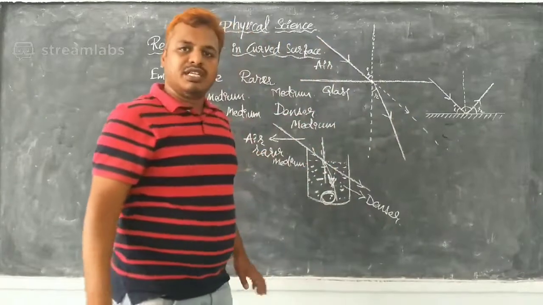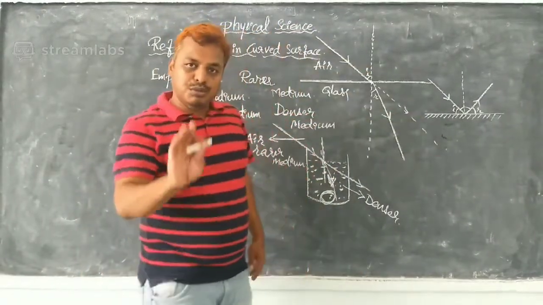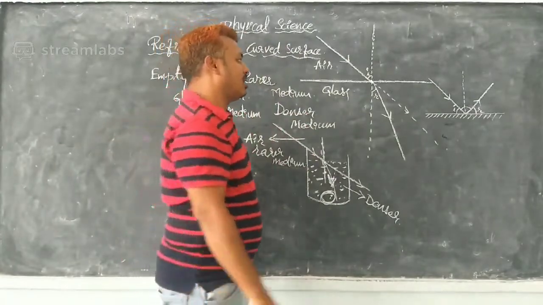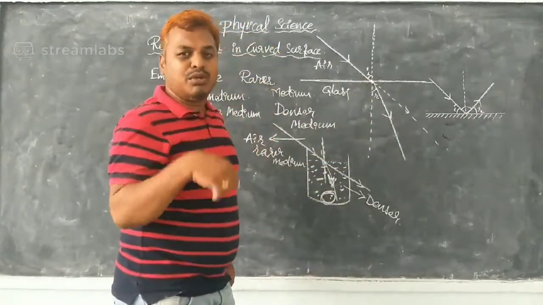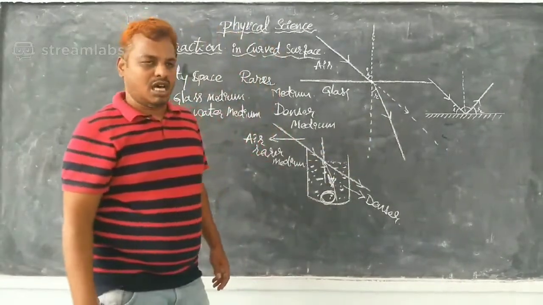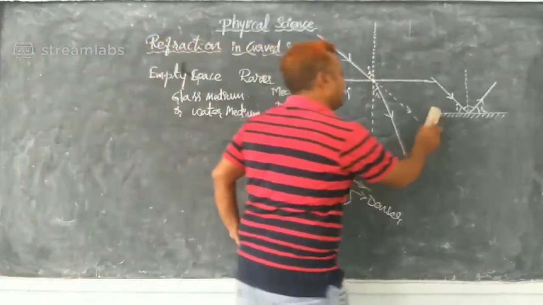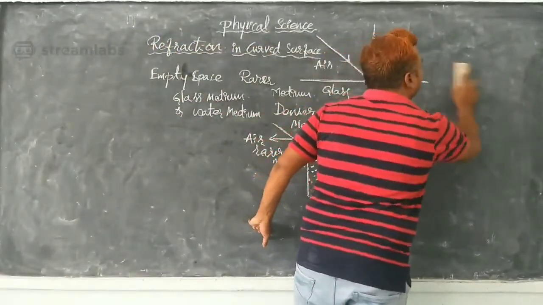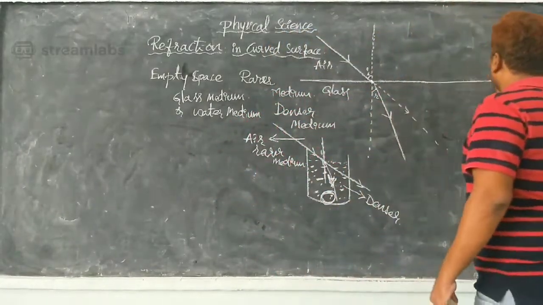Usually if there is no change in medium, the light ray will go straight. Due to the change from rarer medium to denser medium, the light ray got deviated towards the normal. If the light ray enters from denser medium to rarer medium, it moves away from the normal, right?